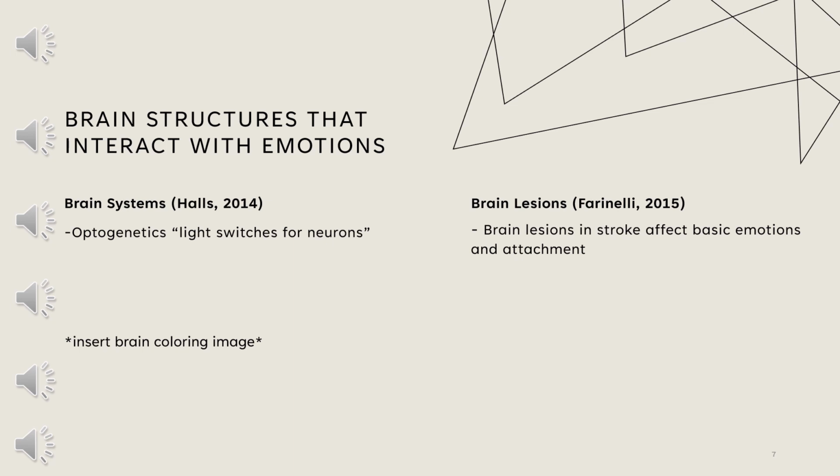There are lots of discoveries being made to aid research in finding all functions of the biological aspects of our emotions. One brain system study that was very interesting was the discovery of optogenetics, a technique developed in neuroscience in which a genetically modified light-sensitive gene gets injected into specific cells.